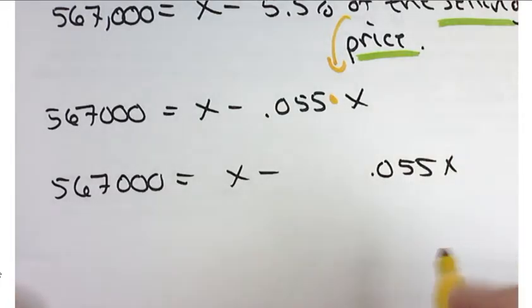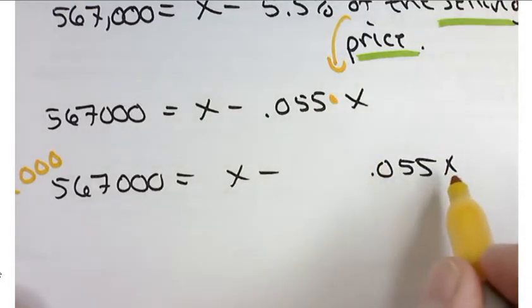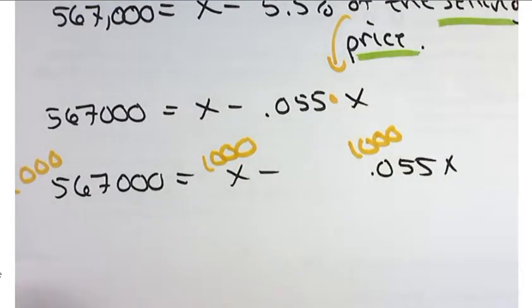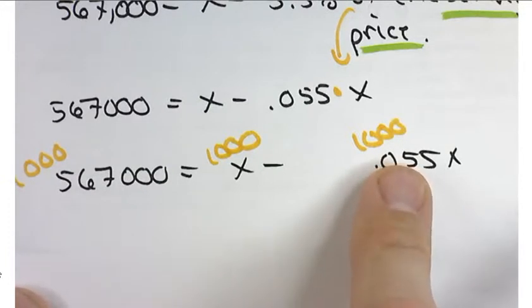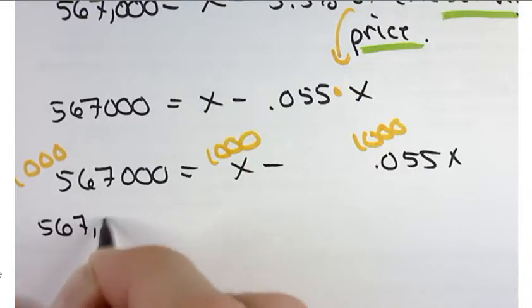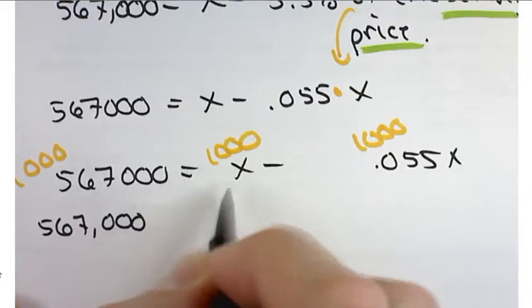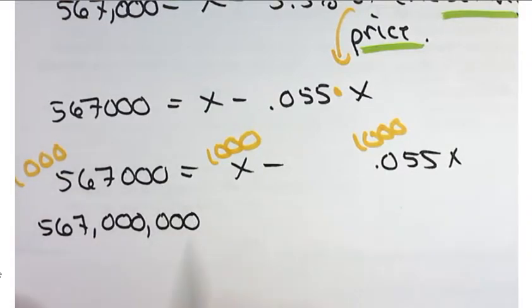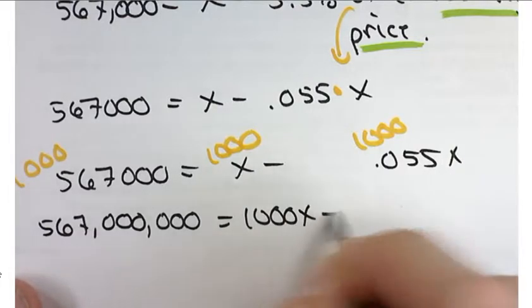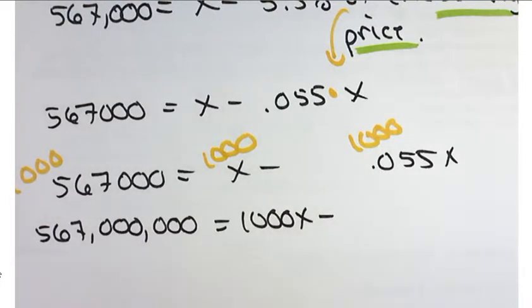Well, I'm going to move this 3 places to the right, so I'll multiply by 1,000. I mean, technically, these are already like terms, and if you're comfortable, you can work with it from there. Nothing wrong with that. For this, though, 567,000, I have to move the decimal 3 places to the right. So 567,000 equals 1,000x. Robert, what's the last term, please?